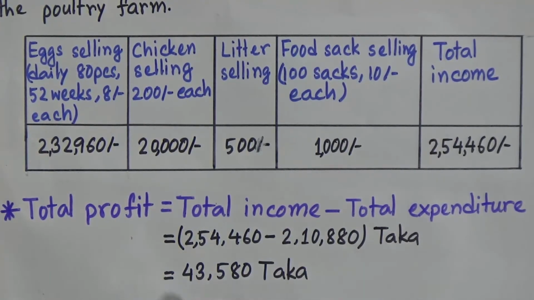So what will be our total profit? Our total profit is 43,580 taka. So this is our profit. After rearing 100 layers, we have this amount of money, that is 43,580 taka.